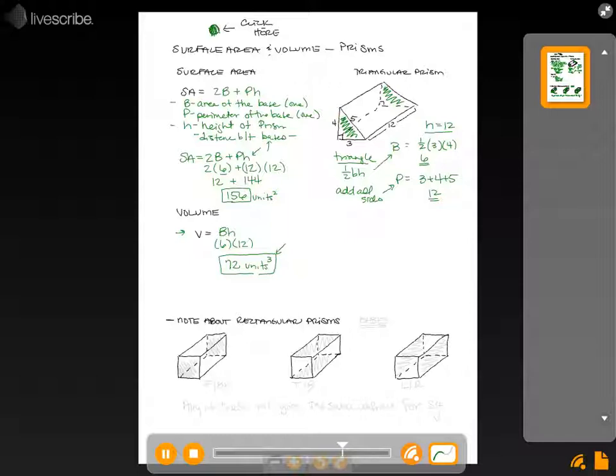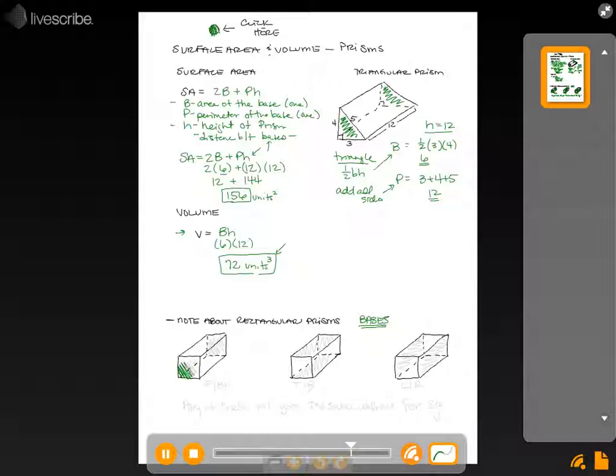Again, we did a triangular prism because it's a little more difficult than a rectangular prism, and those two are the ones we're going to focus on. Triangular prism, rectangular prism. Now we've got one thing down here, a note about rectangular prisms, and this deals with the bases. Okay? If I give you a rectangular prism, well, the bases could be any of the 2 pairs of sides.